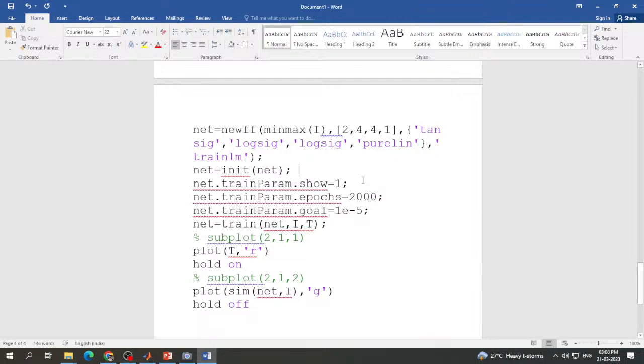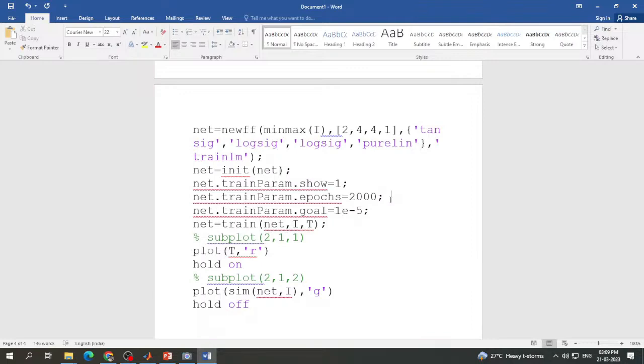Now next is net.trainParam.show equal to 1. That is, whatever error signal comes in each step, each epoch, it is going to show. For that reason here it is 1. Next is net.trainParam.epochs. How many epochs do you want to train? I have kept 2000 here.